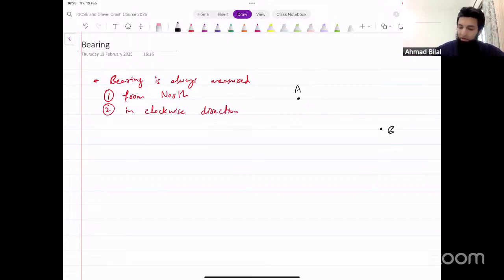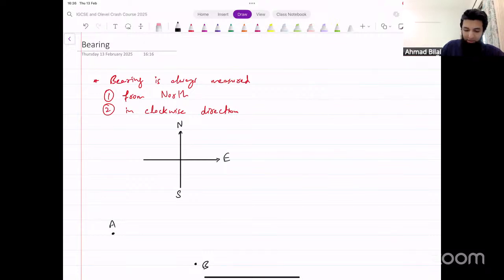So you have 4 directions, which I'm sure you guys would be familiar with. If I were to draw 4 directions here like this, generally what we do is we represent vertically upwards as north, and then this becomes south. Right is generally denoted by E for east, and then on the left side you have west.